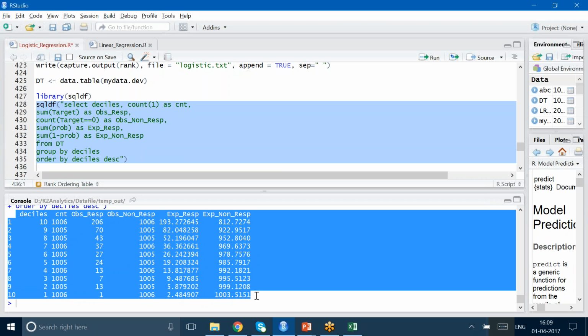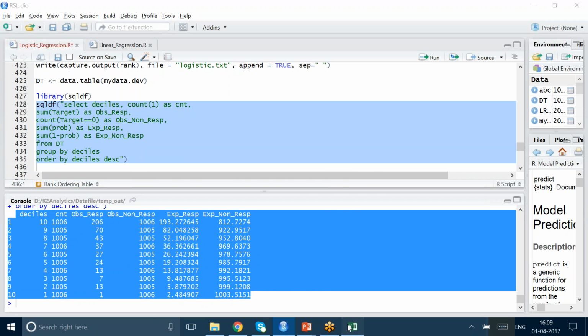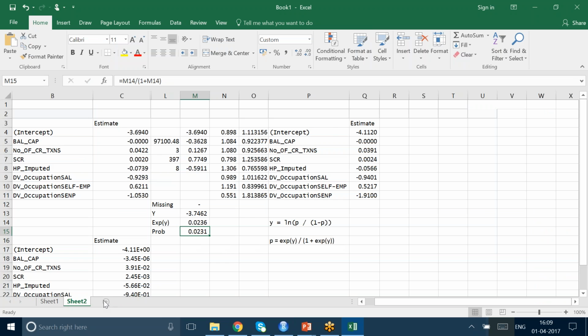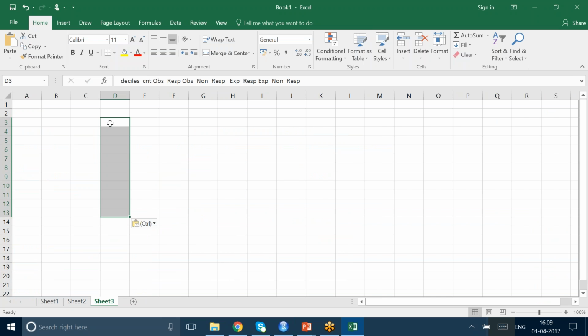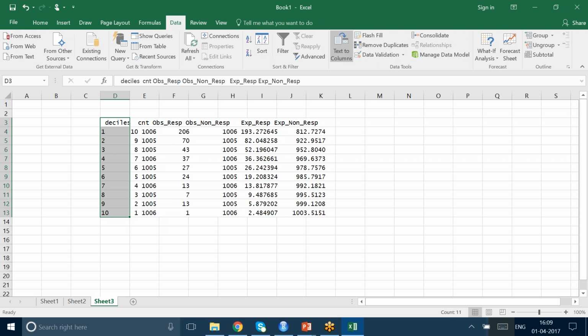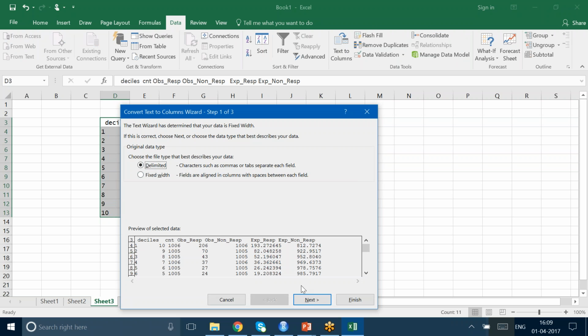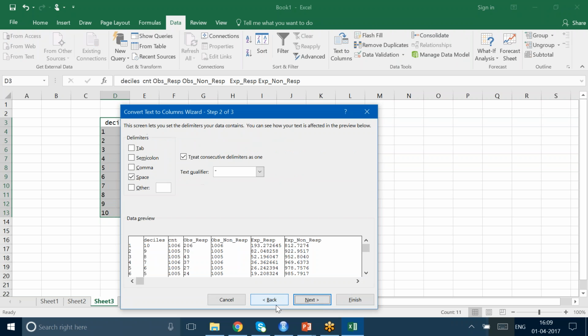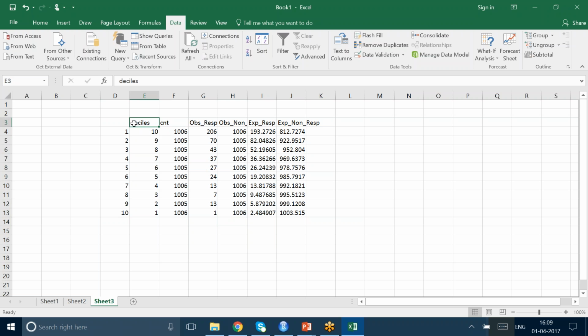Let us quickly copy this chi-square table and put it in Excel. Data, text to columns. Okay, so I have copy pasted this.